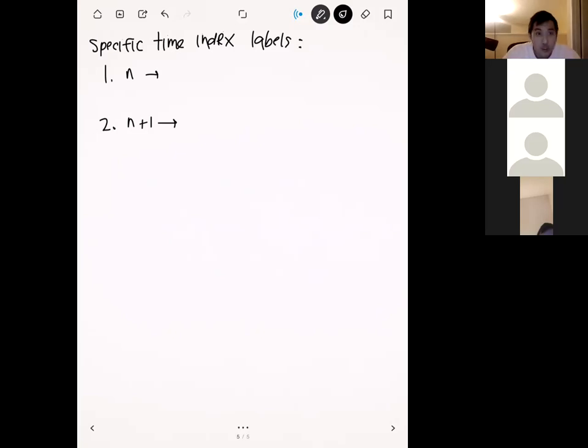Okay. And so when I say that we have the solution at time n, time n refers to the current time. Usually what we assume is that if we have the solution at the current time, this is what's known. In other words, we've already solved for the solution at the current time.